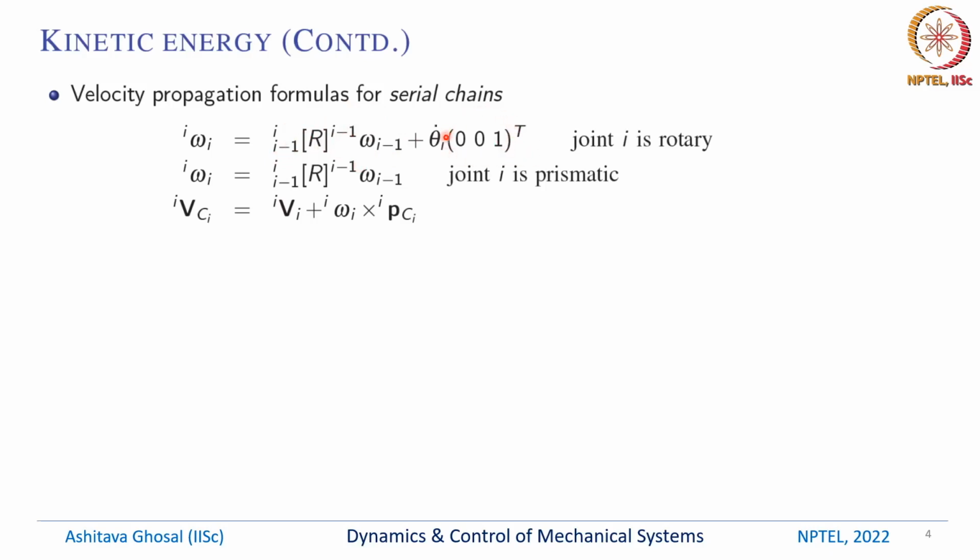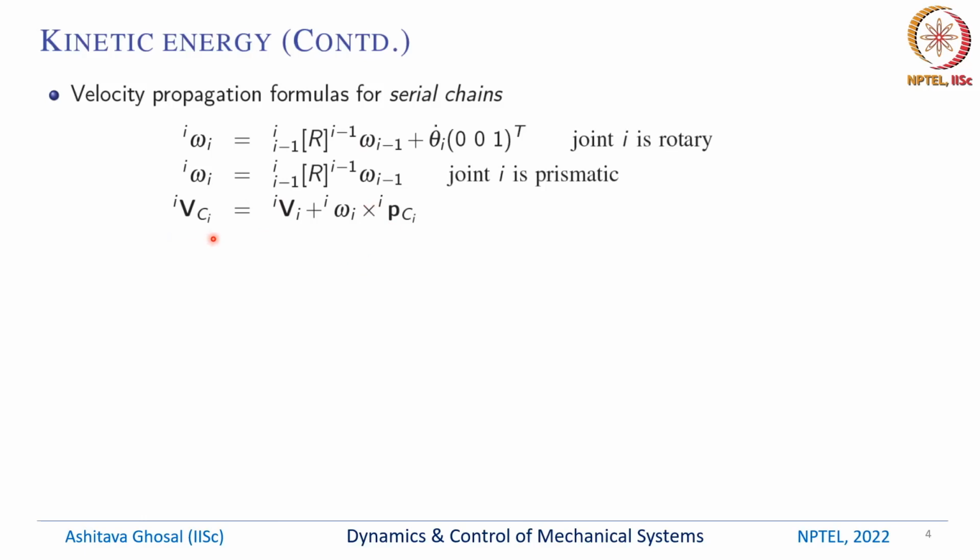And if it is a rotary joint, then we have to add theta dot i along the z-axis. So this is what the rotary joint is adding to the next link. The angular velocity of the next link is the angular velocity of the previous link plus what is happening at the rotary joint. If it is a prismatic joint, then the angular velocity of the i minus 1th link is the same as the angular velocity of the ith link.